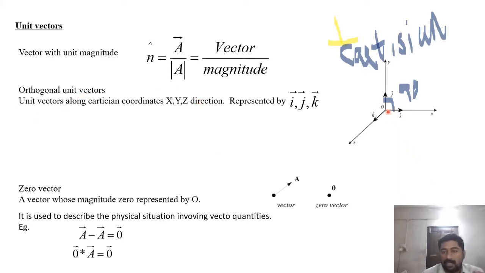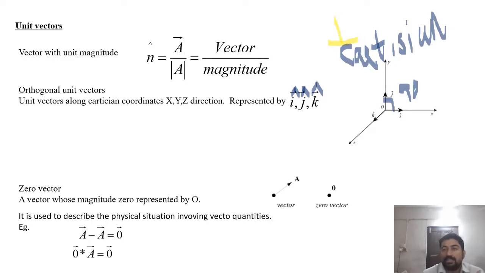The unit vector corresponding to the x direction will be i. It comes with a cap. So you can represent them by i cap, j cap and k cap. So i cap is corresponding to the x direction. Second, j cap is along the y direction.